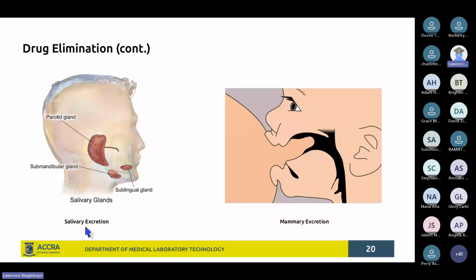You also have the mammary glands that can be secreting this, particularly in breastfeeding mothers. Which is why sometimes you see that for some drugs, there's advice that it is not for lactating mothers, so that it will not be passed on to a child that is being breastfed at that moment.